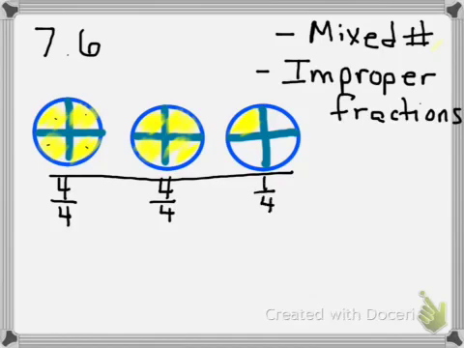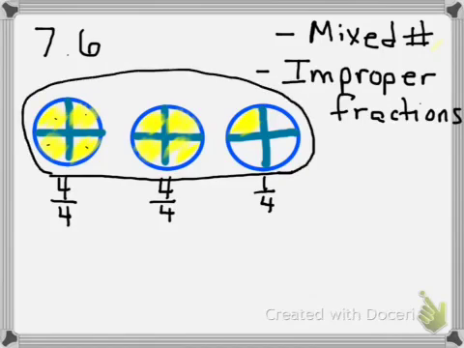And I told the kids what we're going to be working with today is actually all of this picture together. So what they do is they add up each of the 3 fractions, and what they're going to get is an improper fraction or a top-heavy fraction. So 4 plus 4 plus 1 is 9. And there are fourth pieces.